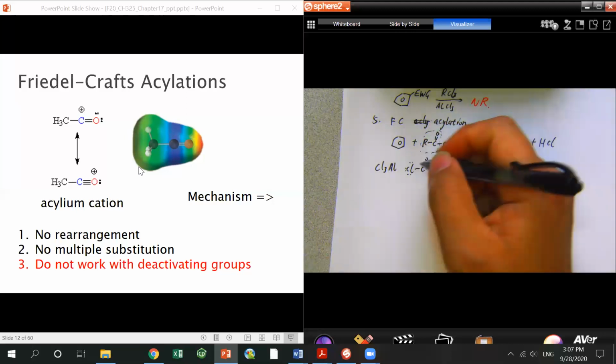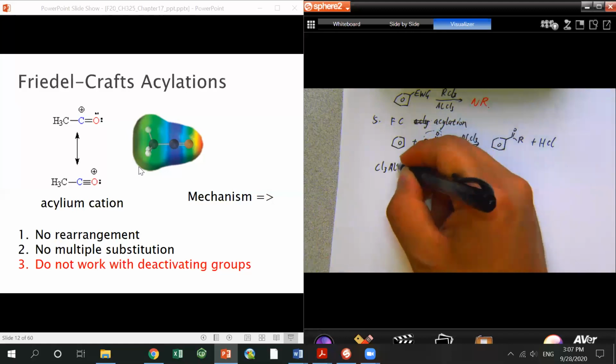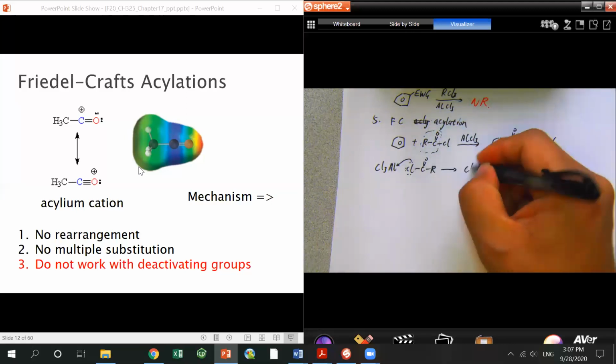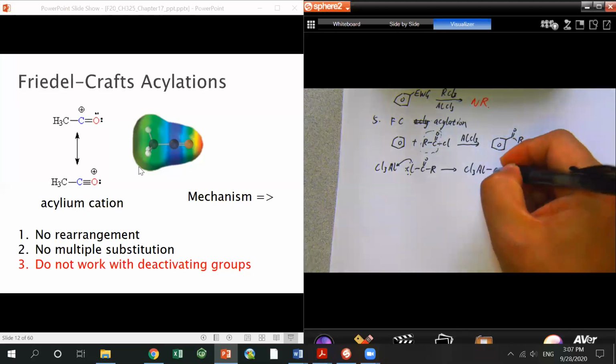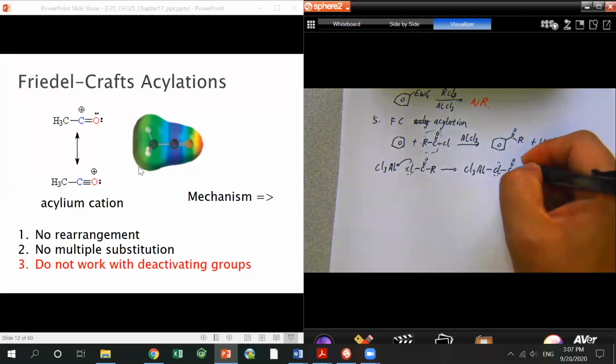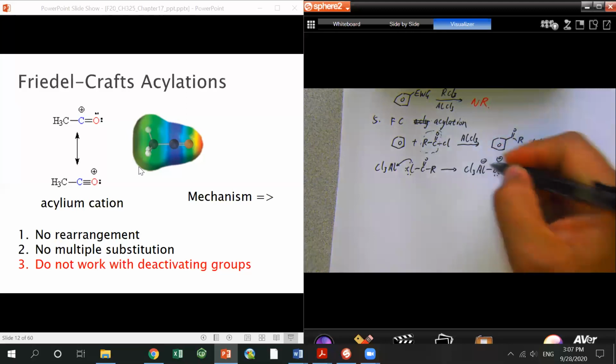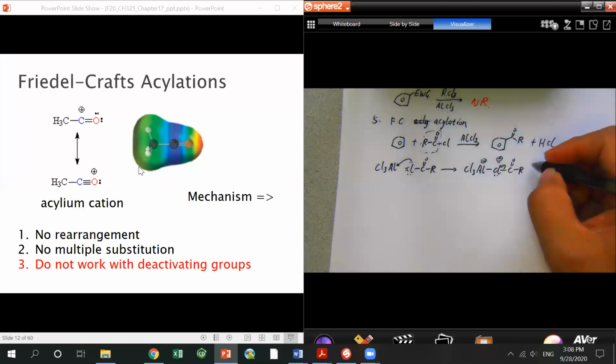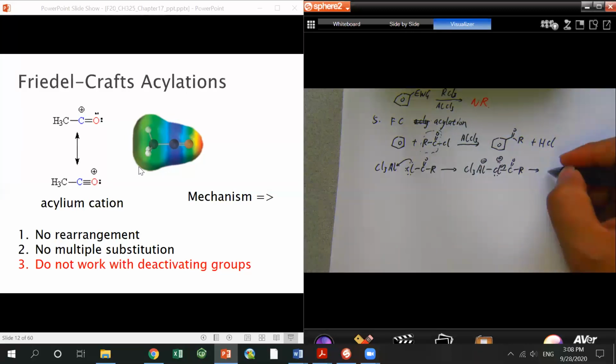For the acyl chloride, the lone pair electrons fill the aluminum chloride's empty p orbitals, and then you generate this species. Then we just shift the electrons, giving electrons to the chloride, and you generate what we call the acylium cation.